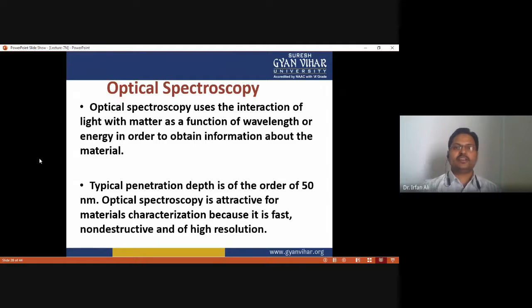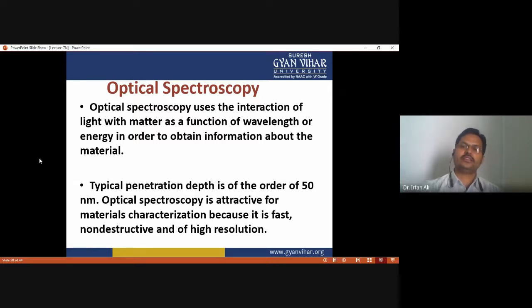Now optical spectroscopy. Optical spectroscopy uses the interaction of light with matter as a function of wavelength or energy in order to obtain information about the material.